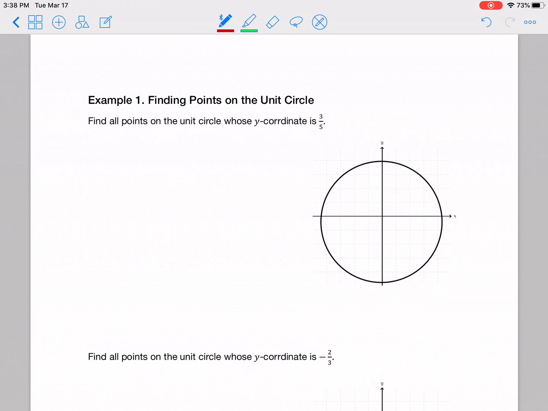So if we draw in the line, I'm not going to get it exactly here, but if this is our unit circle, this is going to be up here at y is 1, this is over here at x is 1. So we're going to go to 3/5, say about right there. And so this is the line, let me draw that a little better. This is the line y equals 3/5.